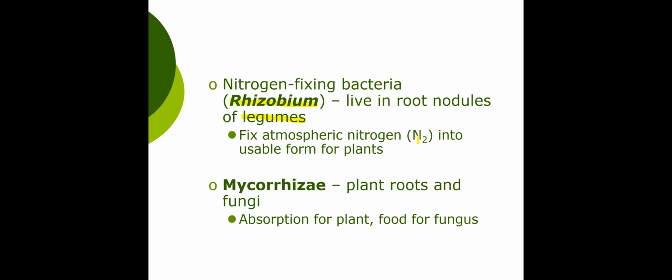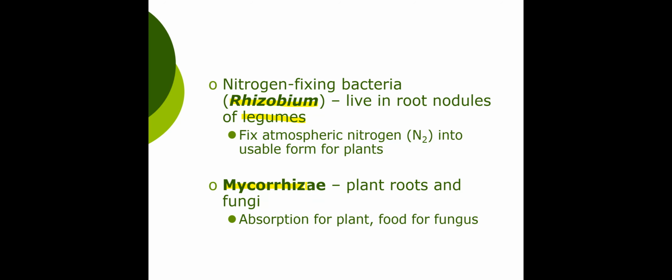What they do is take this nitrogen gas and turn it into usable nitrogen compounds. So then the plants are able to use it, and then it can pass through the food chains. And so pretty much all living things are going to be dependent upon these rhizobium bacteria to fix that nitrogen, because most living things cannot do it for themselves.